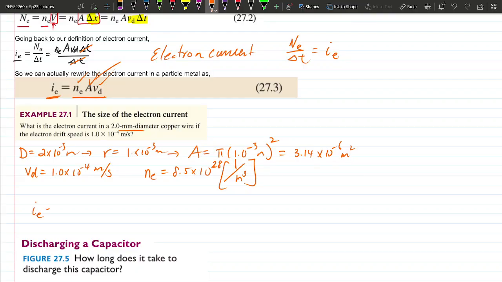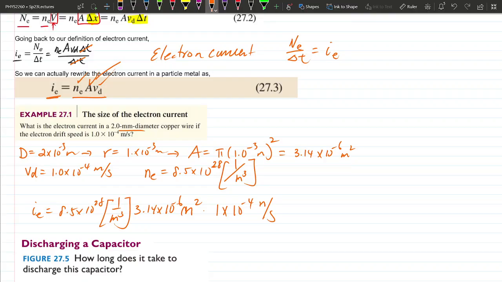So i_E is just the product of all these things multiplied together. Since it's the first time we're dealing with this, I'm also going to write in the units so we know that it'll all come out correctly, hopefully. So the area is 3.14 times 10 to the negative 6 meters squared. And then the drift velocity is 1 times 10 to the negative 4, and this will be in meters per second.